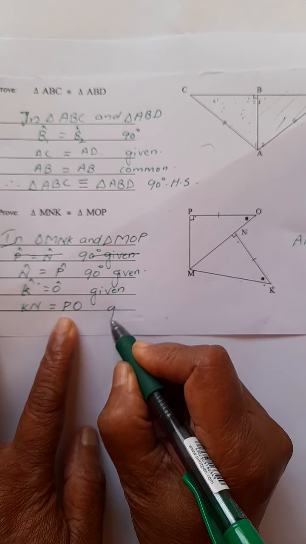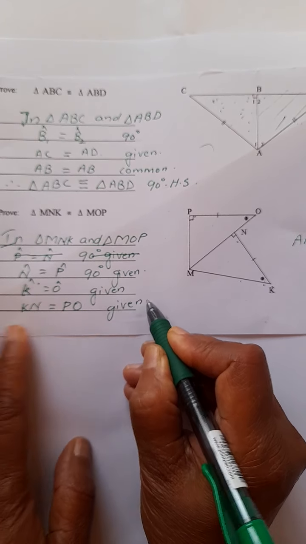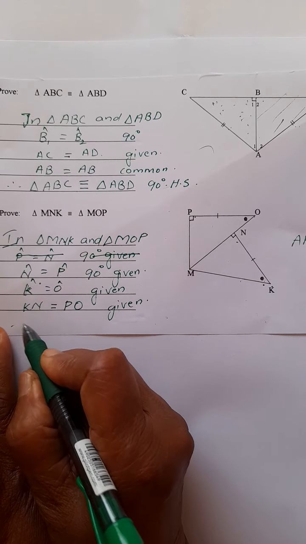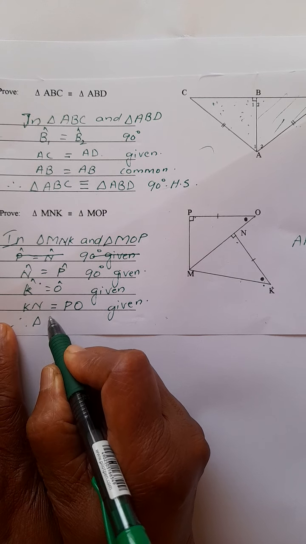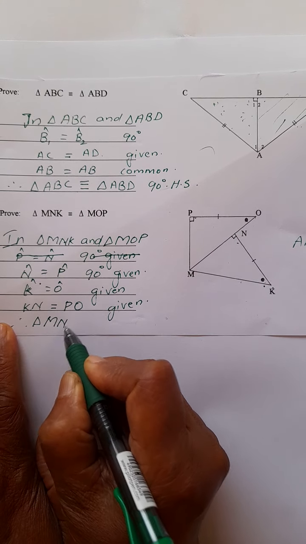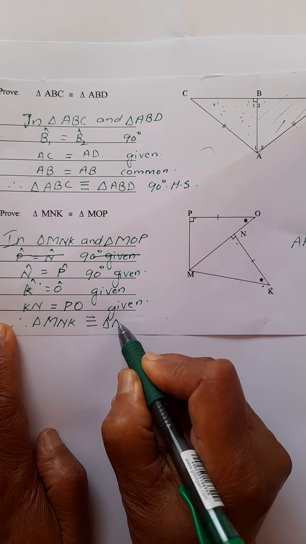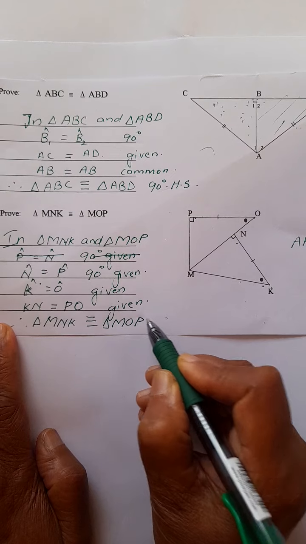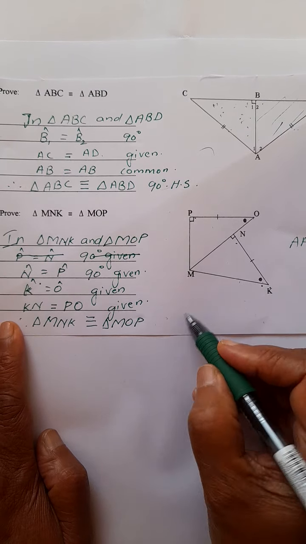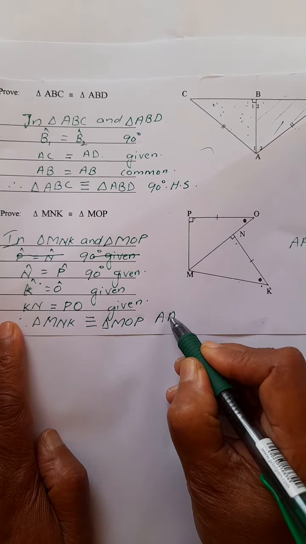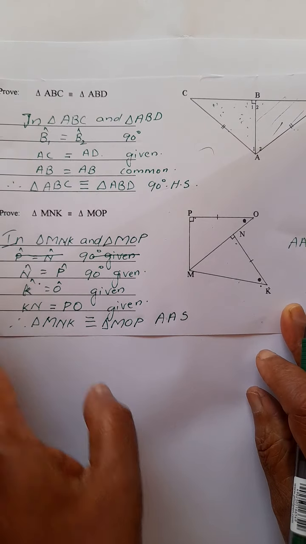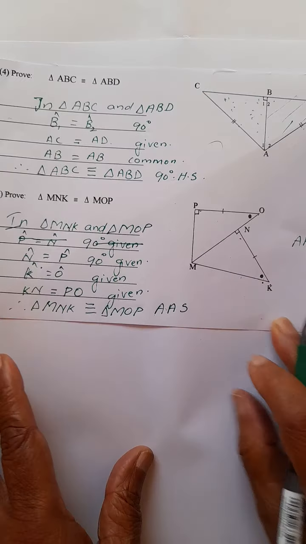We have to write KN first, because KN belongs to our first triangle. That is also given. Then we can say that these two triangles are congruent. Triangle MNK is congruent to triangle MOP because two angles and one side are equal. So those are the triangles.